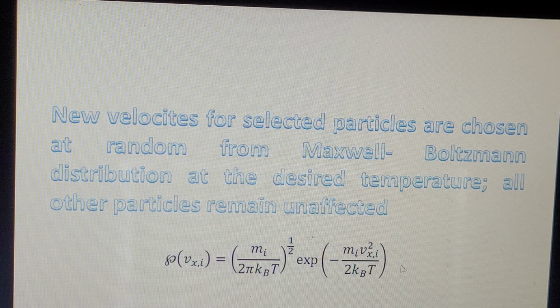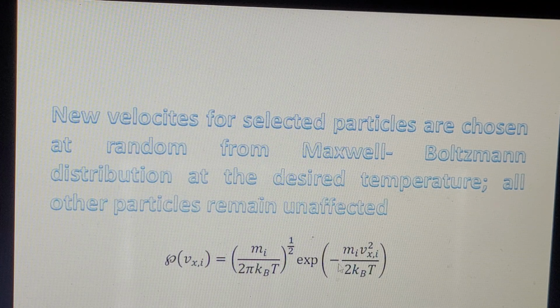This is the Maxwell-Boltzmann distribution, and you can see that it's an exponential distribution, where M is the mass, kB is the Boltzmann constant, and T is the temperature, and you can write this distribution for your system.